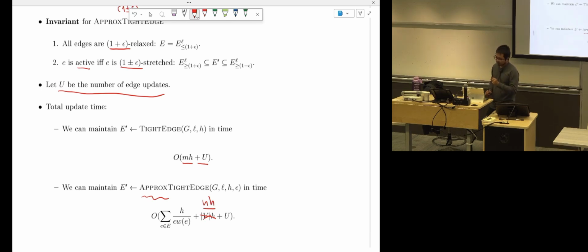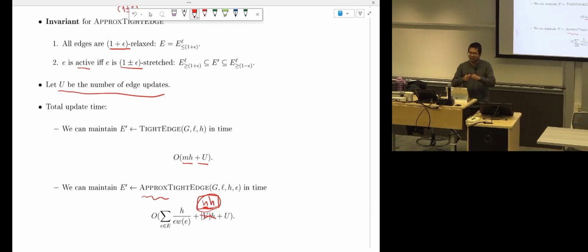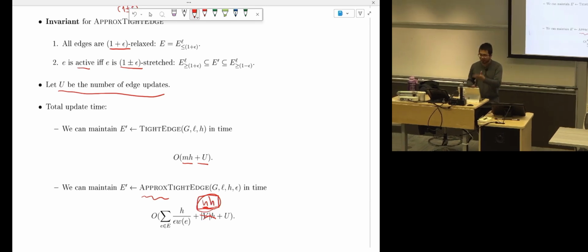That's quite correct. Every node still increases the level one by one, that's why you get NH. You increase level one by one. But what's related to what you said is that for every edge you pay less often.